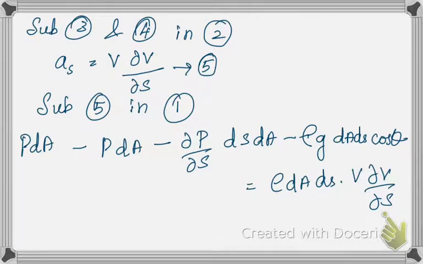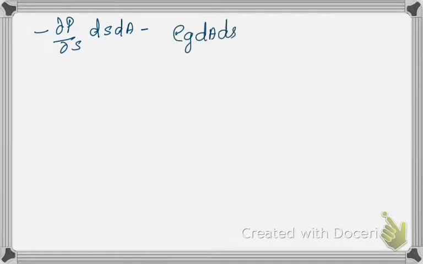Now here we can cancel off this pdA and pdA, so I will be having minus dou p by dou s into ds dA minus rho g dA ds cos theta, which is equal to rho into dA ds into v dou v by dou s.